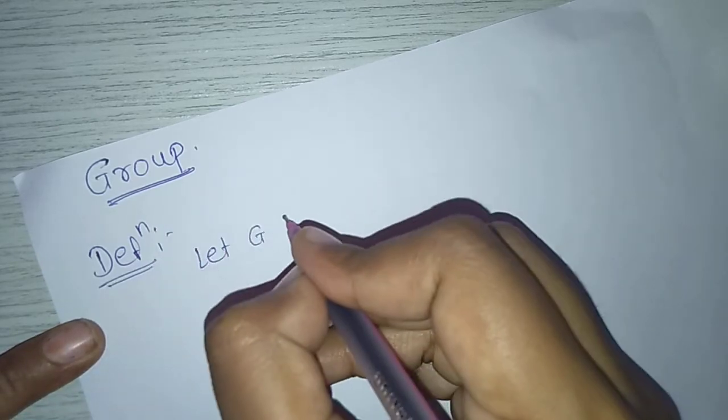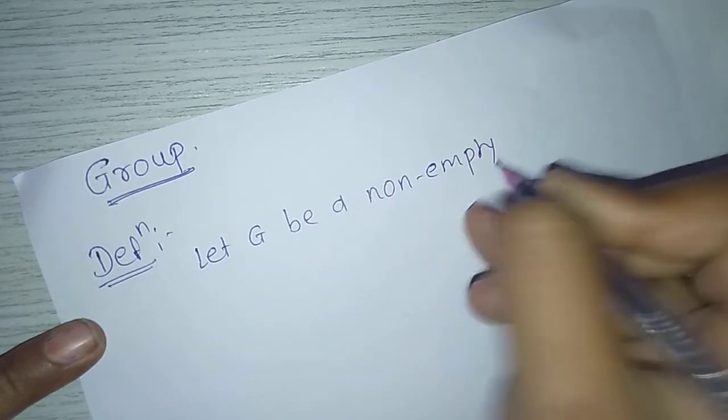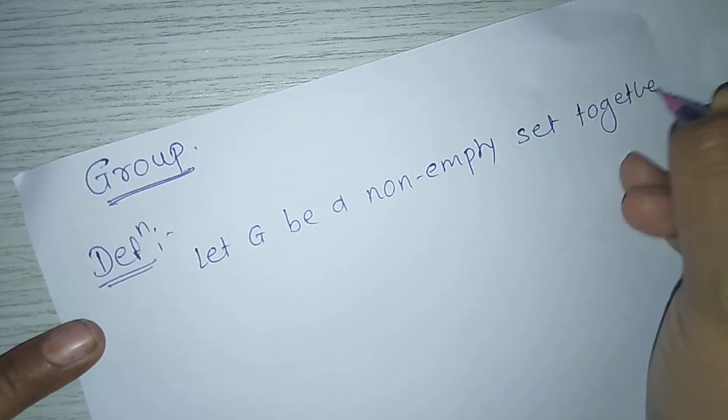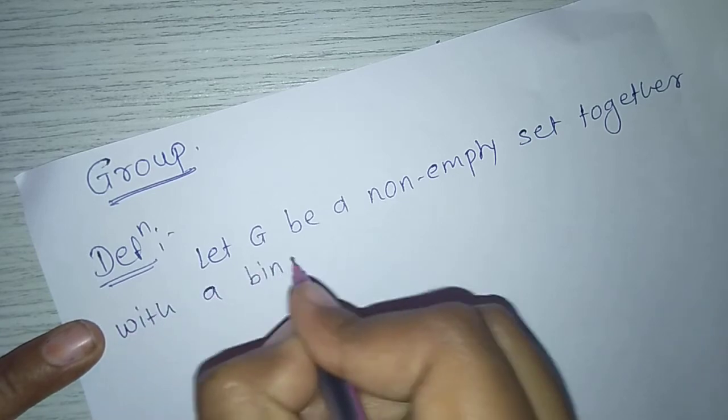Now, the next point is group. The definition of group is: let G be a non-empty set together with a binary operation star.